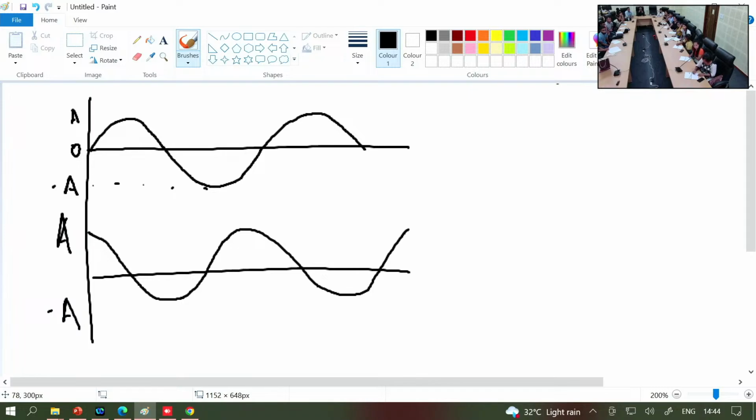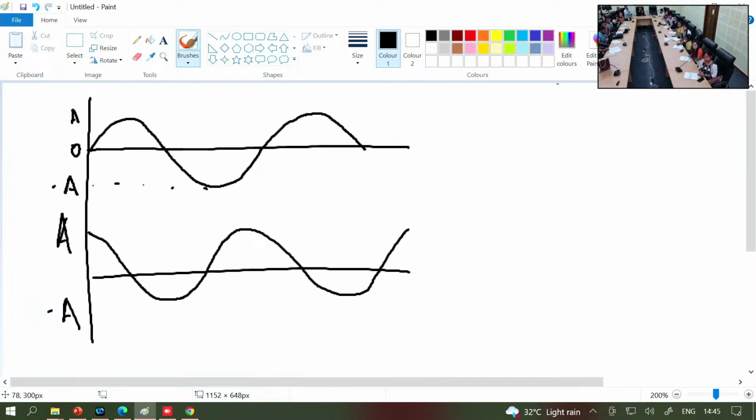Generally, when we see the cycle of a wave, we divide it into two parts. One is the crest, the upper part, and the other is the lower part, which is a trough. A standard wave starts from 0, goes to the maximum, comes back to 0, goes to the minimum, and then comes back to 0.